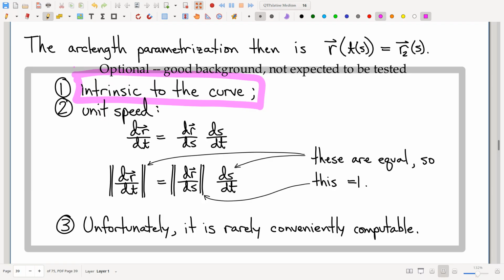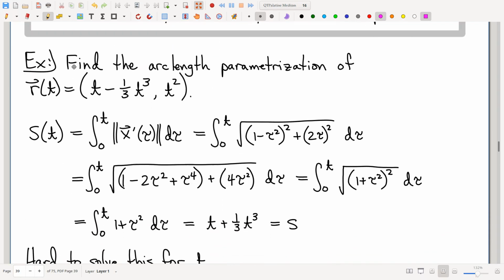So mileage markers are an arc length parameterization of the highway. Your personal road trip that you take on that highway is a time parameterization of the highway. So that's the difference. The example, I think, is a pretty straight read.